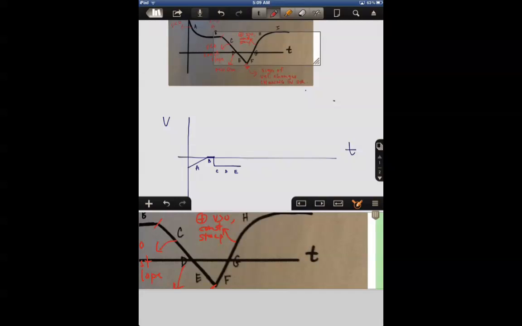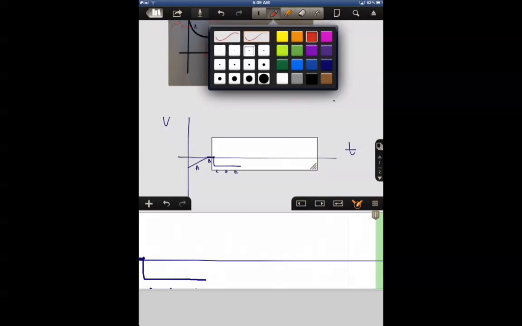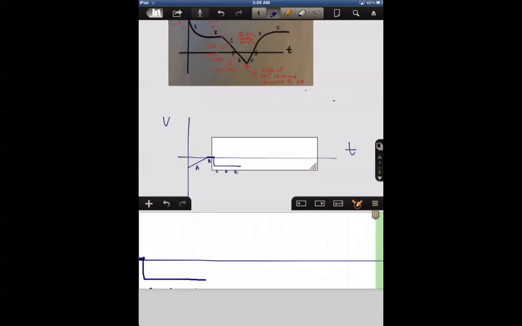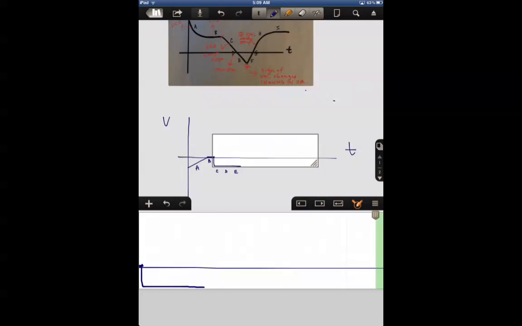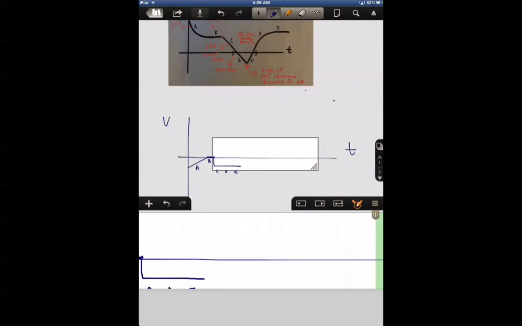So I'm going to need a constant positive velocity graph down here. Positive puts me above the line, constant means it's going to be flat, but it'll be farther away from the x-axis than my last flat straight line. So I shall go like that, and I'm going to connect it, and this is point F.